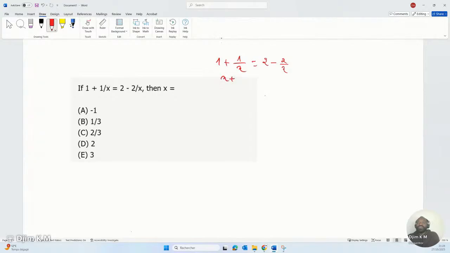So our (x plus 1) over x is (2x minus 2) over x. This will be (x plus 1) times x equals (2x minus 2) times (x squared plus x).